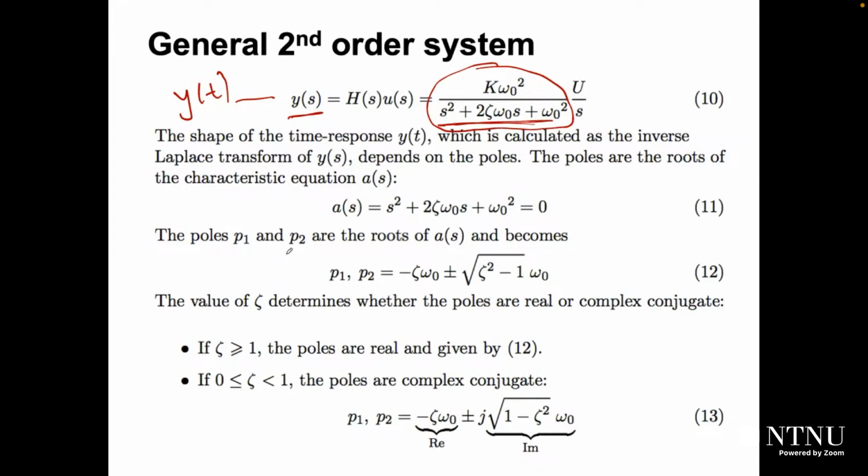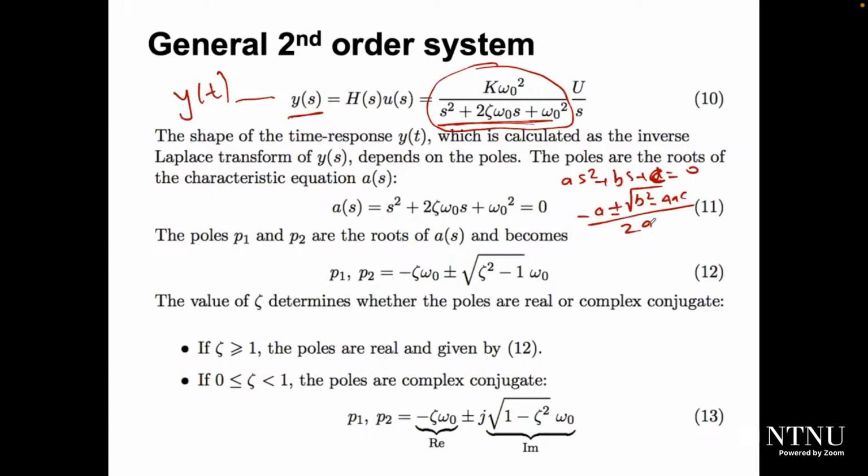So P1 and P2, using the formula, for an equation like a s squared plus b s plus c equals 0, it will be minus b plus minus square root of b squared minus 4ac, divided by 2a. You need to use this formula.